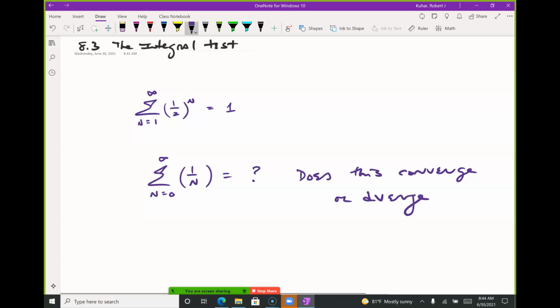So in A2, we were finding sums. When could you find a sum? If it was geometric, and our multiplier was bigger than -1 and smaller than +1.